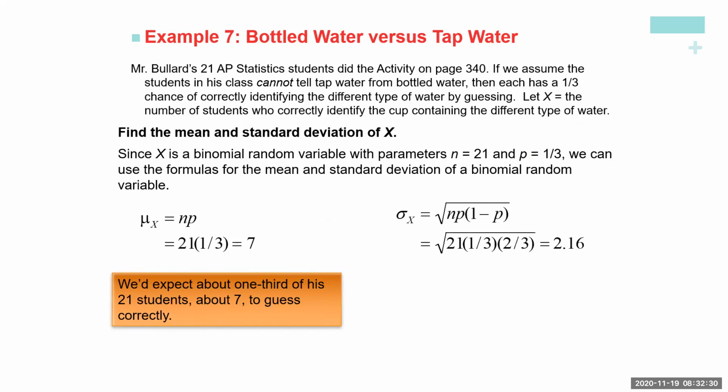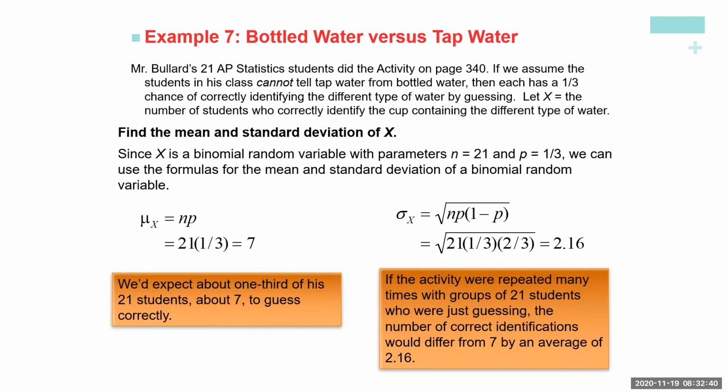And if we calculate the standard deviation, again, number of trials, students, 21, times 1/3, times 1 minus p, 2/3, equals 2.16 after square rooting. So if the activity were repeated many times with the same group of 21 who were just guessing, the number of correct identifications would differ from 7 by an average of 2.16.